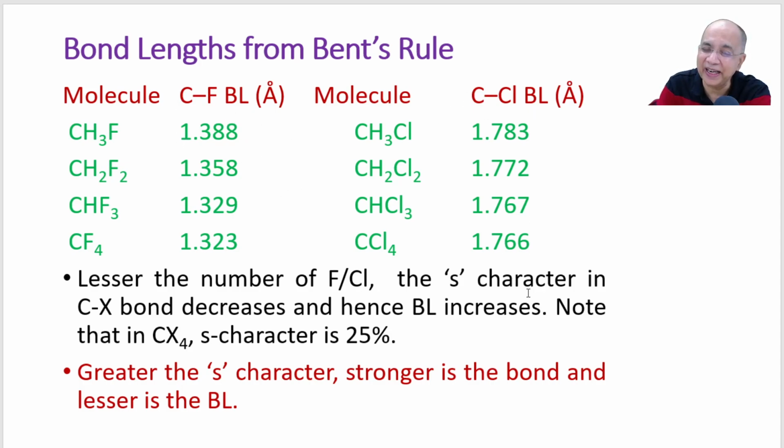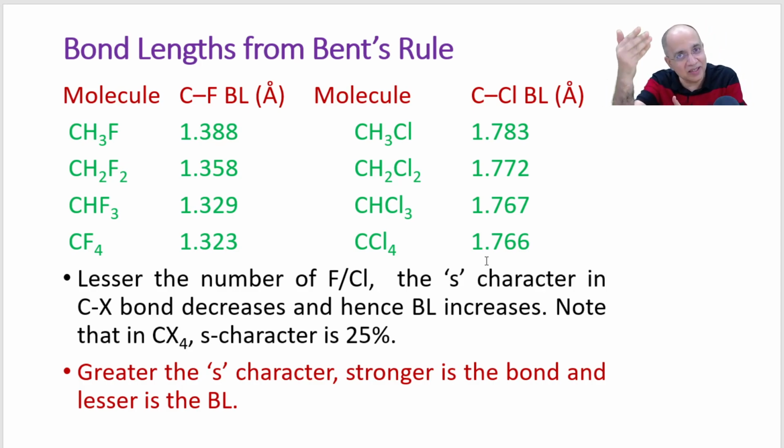The same trend you find in the case of monochloro, dichloro, trichloro, tetrachloro methane. Tetrachloromethane, it is the smallest bond length. We are all talking about the CCl bond. All are CCl, but they are different. That's the interesting thing. We are not comparing CH with CCl or CH with CF. It's not that.